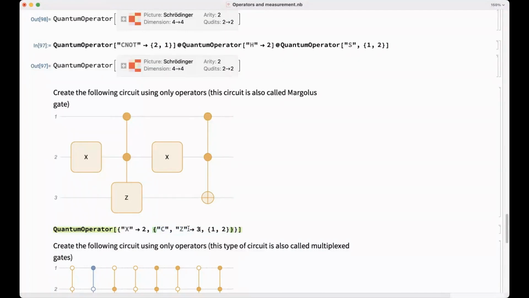It's not given explicitly, you don't need to include it, but let's keep it like that. Then we have X on the second one, and then we have our Toffoli. Let's write it explicitly, not on the second one and 2. So this is basically the operator composition of that circuit.